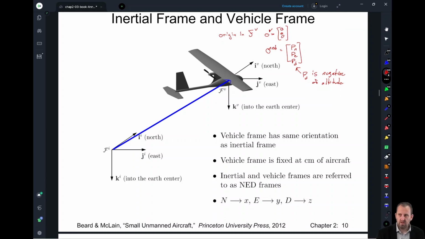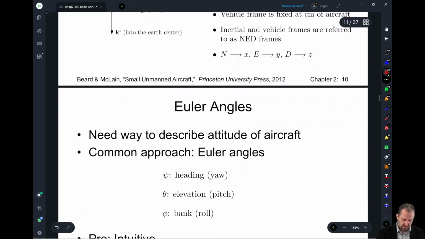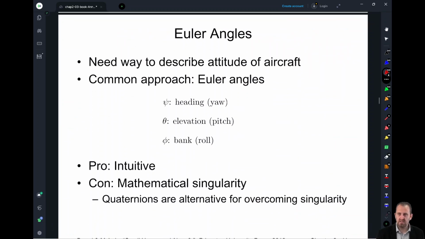The next one we're going to do is start aligning our axes with the vehicle. And we're going to do that by considering 3 different Euler angles. First is our heading, often referred to as our yaw angle. Then we'll jump into our elevation angle, or our pitch angle, and we will end with our roll angle, or our bank angle.